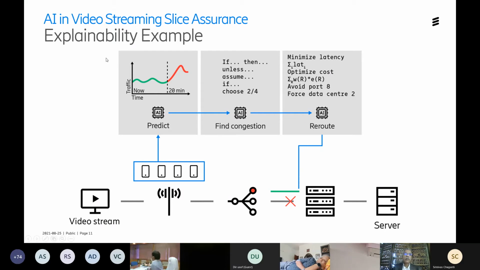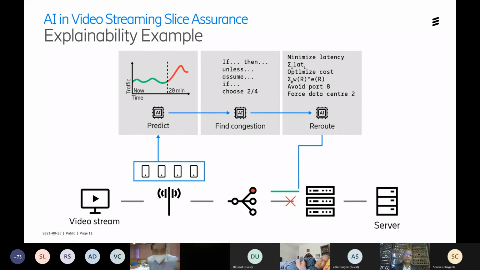And what you have in this particular case is a predictor which is predicting the traffic. After that is done, there is another AI node here, which is using the predicted information to see whether the higher traffic load as predicted could cause any SLA violations based on some congestion points in the slice in the infrastructure.